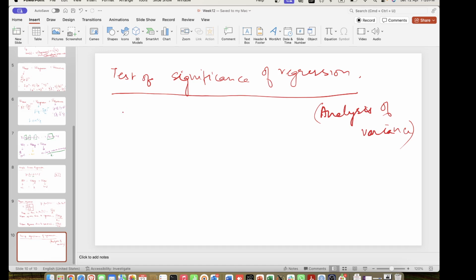Okay, so here the H naught, the model is this much. So I'll just rewrite, the model is y equal to beta naught plus beta 1 x1 plus beta 2 x2 plus beta k minus 1 xk minus 1 plus epsilon.